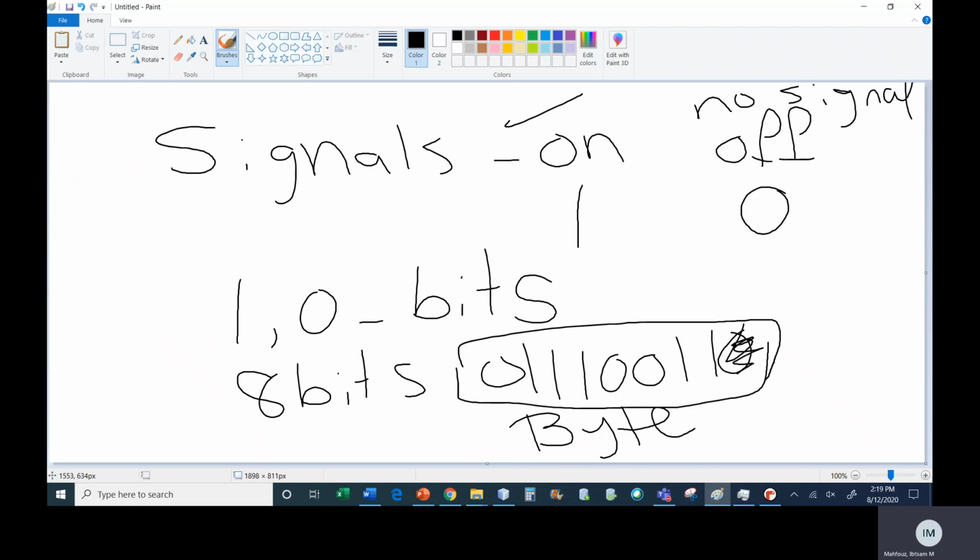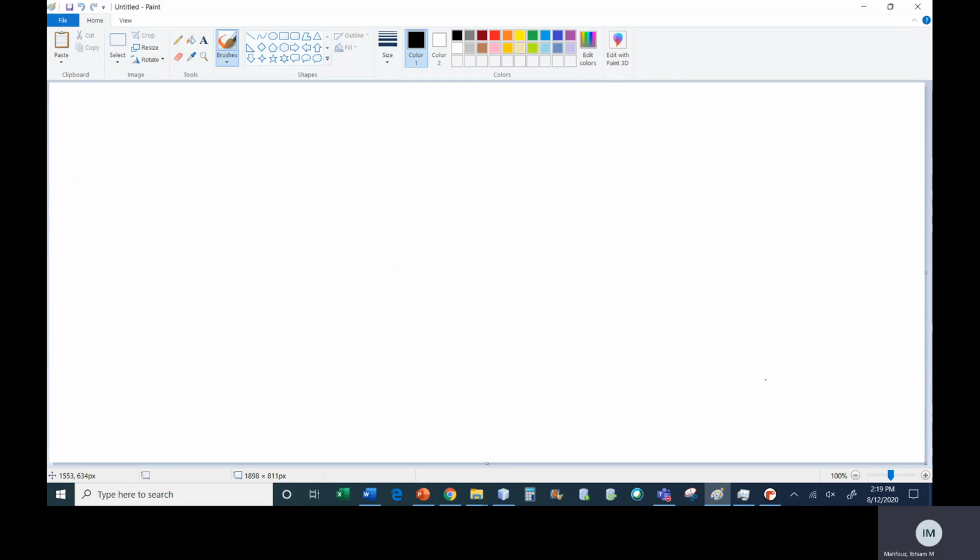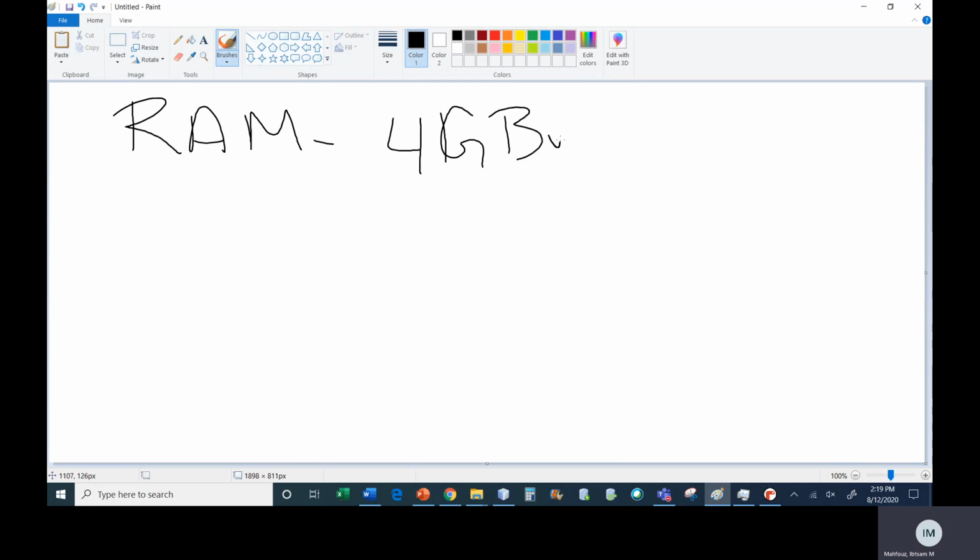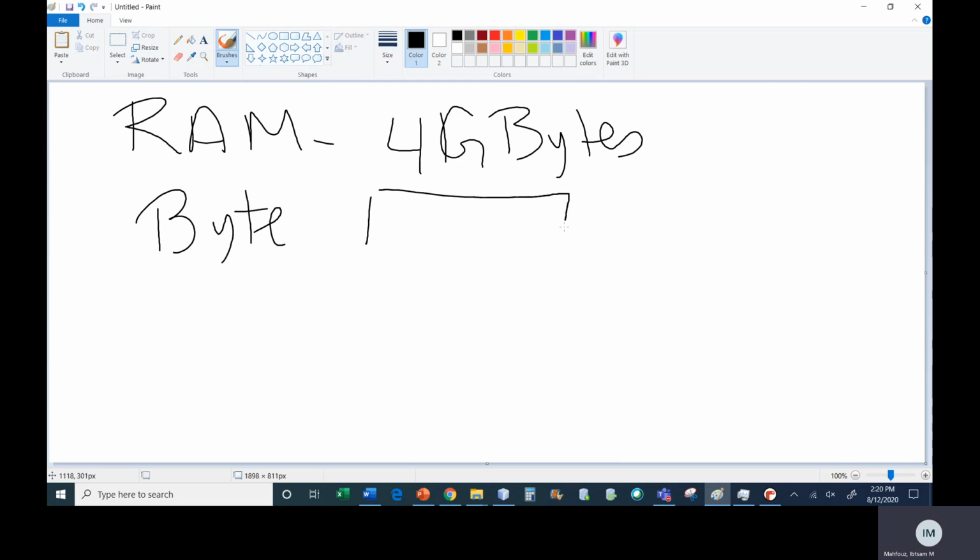So if we think about RAM, when we go look at RAM, we say, for example, 4 gigabytes. First of all, let's think of a byte. A byte is just one storage, and it can hold 8 little bits, ones and zeros.